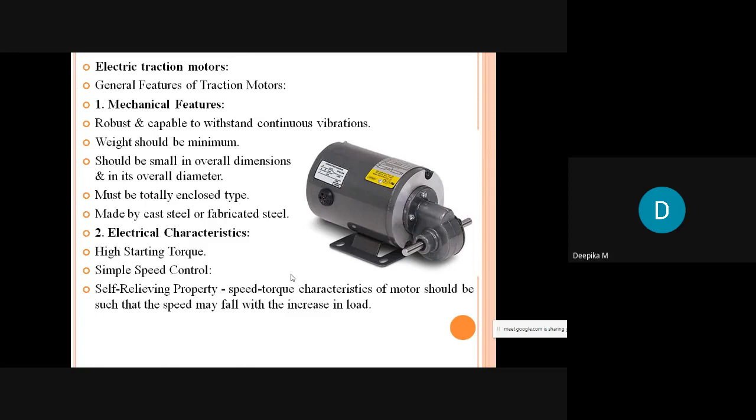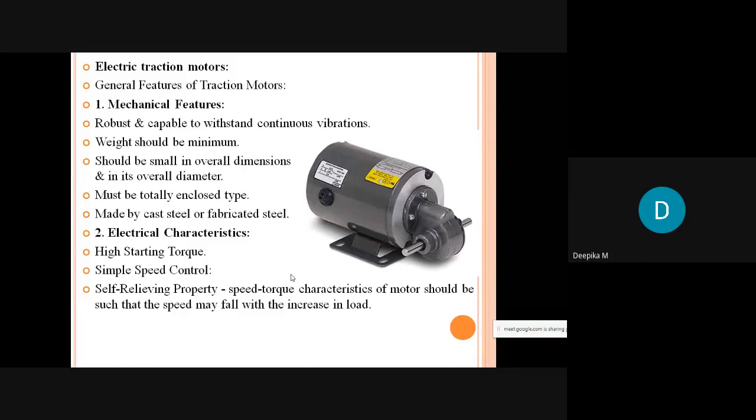Therefore we call it the self-relieving property, because if the load is increasing and the speed reduces, then we can actually control the traction system. Hence, the speed should reduce with an increase in the load or torque.